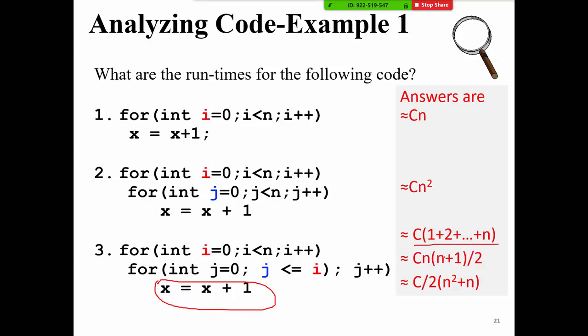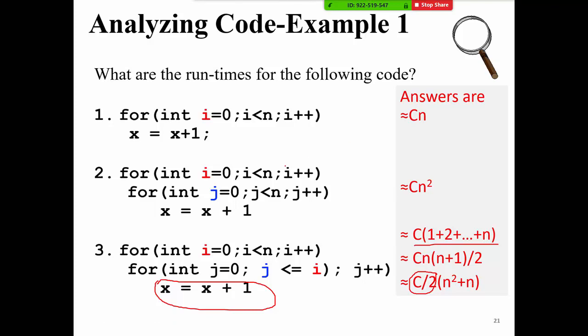If you try to add it, it will be equal to c times n(n plus 1) divided by 2, or you can say c divided by 2 is a constant, multiplied by n squared plus n. So this is an n squared plus n series. So the number of times the statement will be executed is n squared plus n.